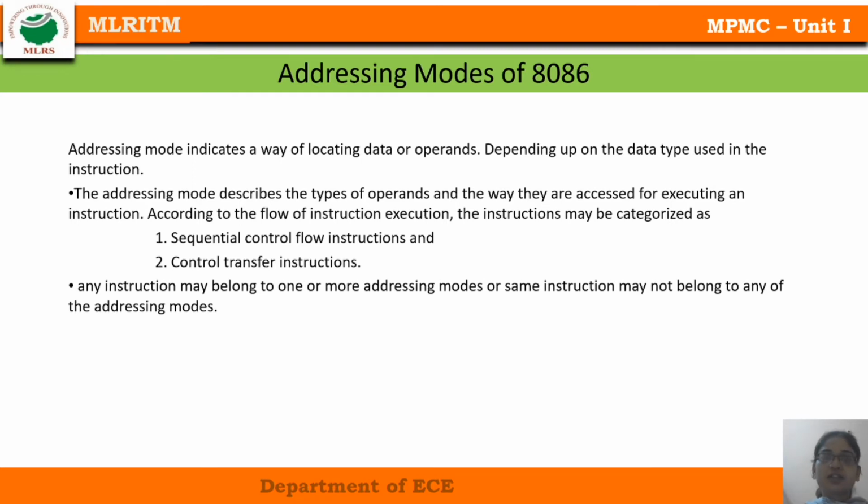We can also define it as: the addressing mode describes the type of operand and the way it is accessed for the execution of an instruction according to the flow of instruction execution.